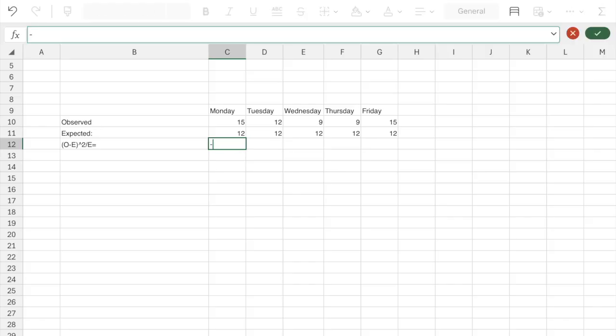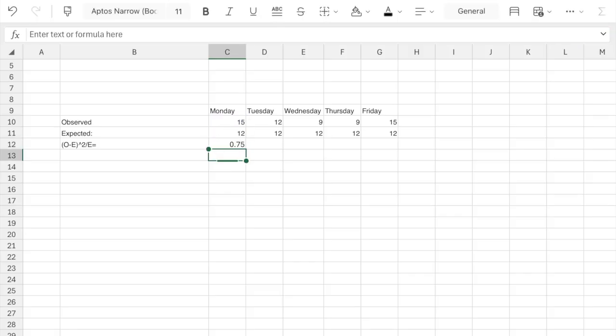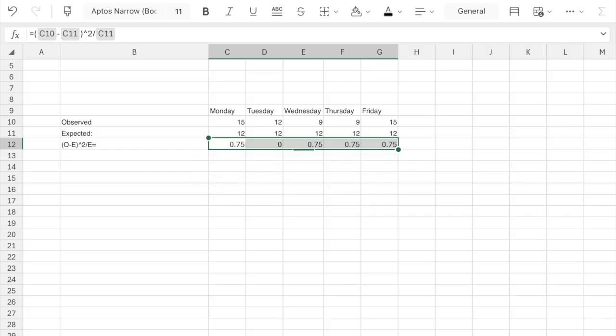So that's going to equal O minus E squared divided by E. Enter, there we go. And let's go ahead and Command C. I'm copying it. I'm selecting everything. I'm pasting, and it pastes in the formula. This one here, notice, is 0 because the observed matched the expected.